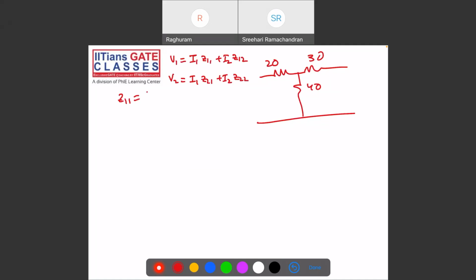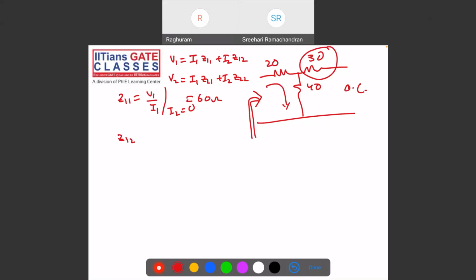Z11 is V1 by I1 when I2 is 0. I2 equal to 0 is an open circuit, the input impedance. When this is open, no current flows through it. Directly it is 40 plus 20, 60 ohms.